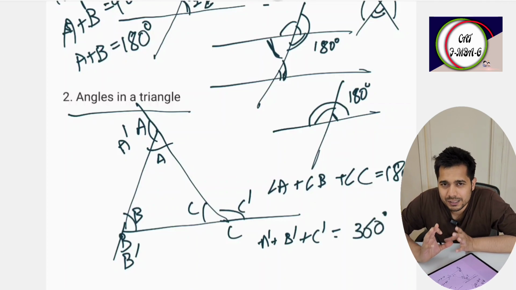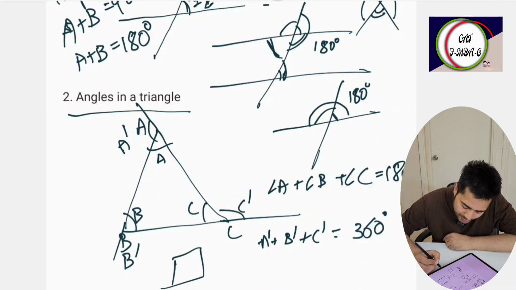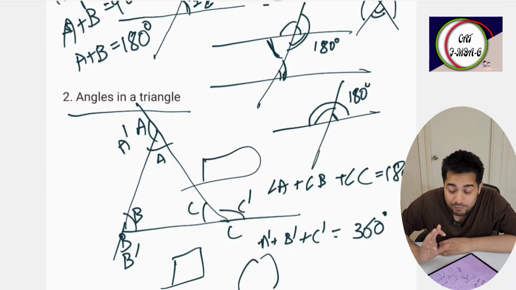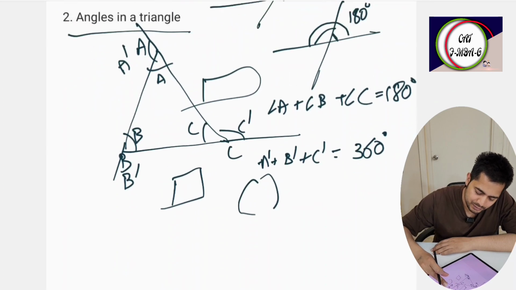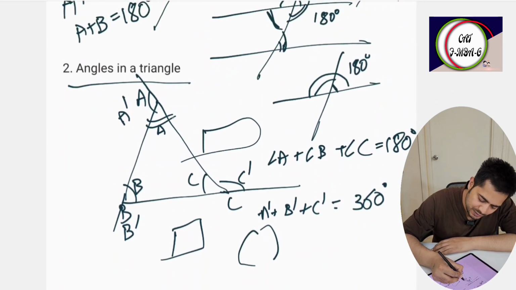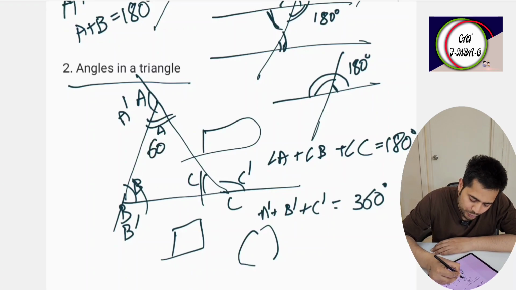The sum of exterior angles of any closed figure like a triangle or a square, or in a rectangle, is always going to be 360 degrees. In a circle you cannot define it. Just remember that. Okay, and another thing is that if these angles are equal, then this is an equilateral triangle. So this is going to be 60 degrees, 60 degrees, and 60 degrees.